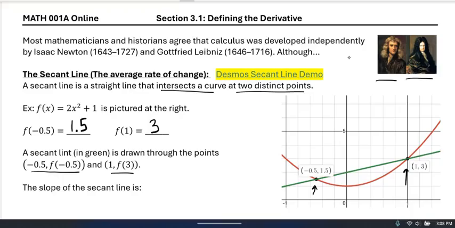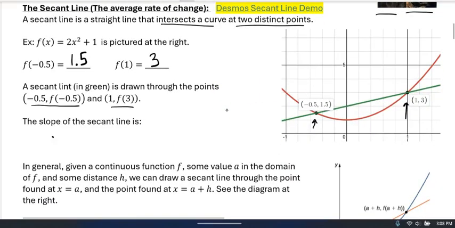What is the slope of the secant line? Well, we have a little background on slope. Remember that slope is the change in y over the change in x, sometimes called rise over run. And another way to find it is to just write that slope, the slope formula being y2 minus y1 over x2 minus x1.